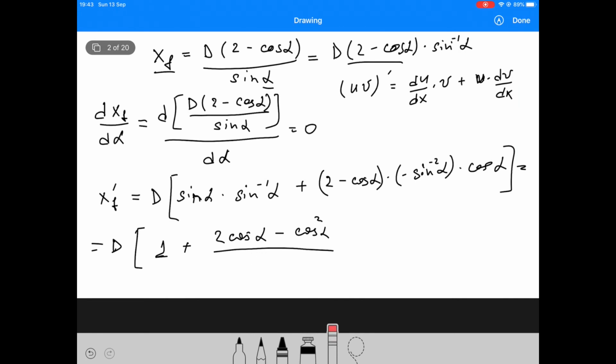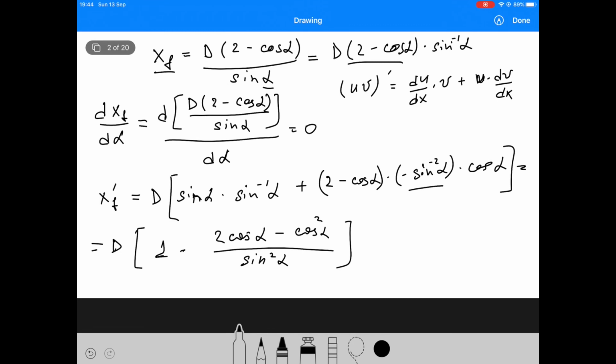It will be minus here because we have a minus next to sine alpha to the minus second power, so here will be sine second power alpha.